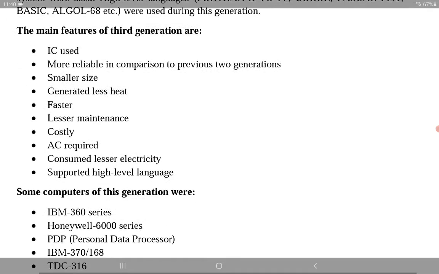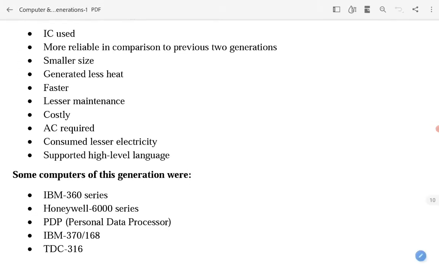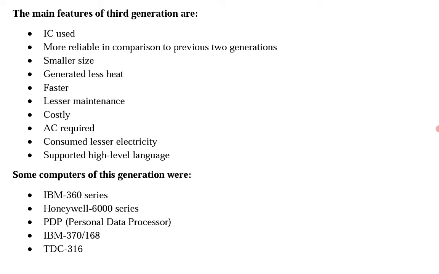So what are the main features of third generation computers? ICs are used, smaller in size, generate less heat, and faster in processing speed. Maintenance is also lesser and less costly. AC is also required.